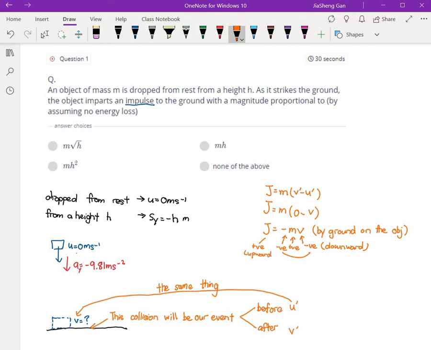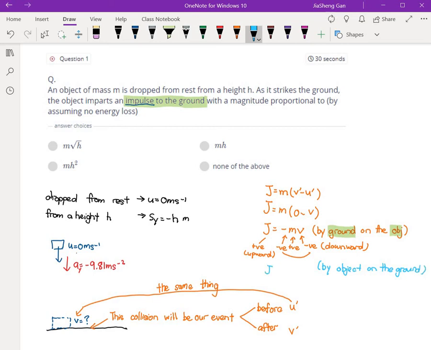It is by the ground on the object, but the question asks for the impulse to the ground. It means it's asking for the impulse by the object on the ground. So in this case, we need to flip a bit.